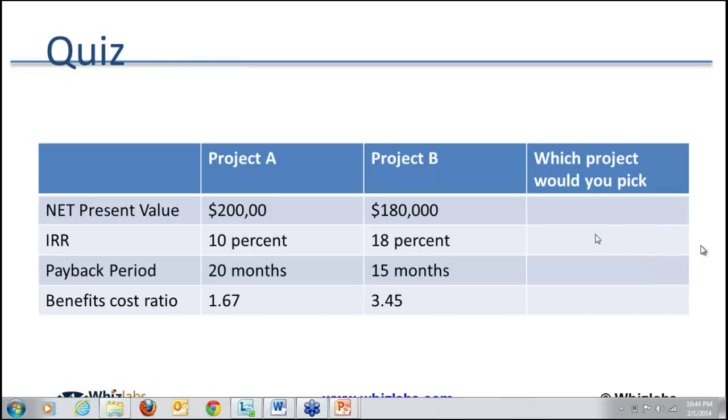Okay. Chandra, would you like to answer which project you will select, a project with a 20-month payback period or a project with a 15-month payback period? It is the 15 months payback period. The earlier the better.